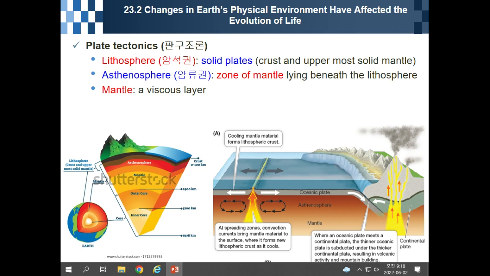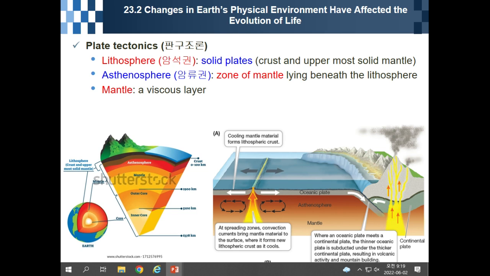Lying beneath the lithosphere is the asthenosphere. The asthenosphere is located here, beneath the lithosphere.